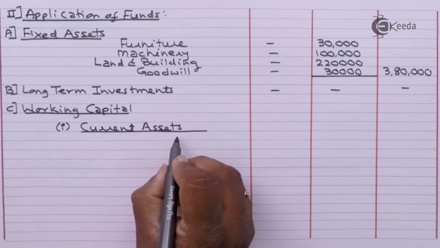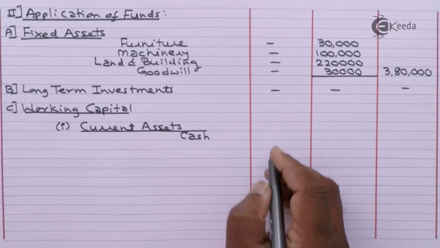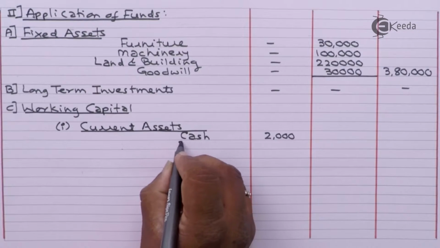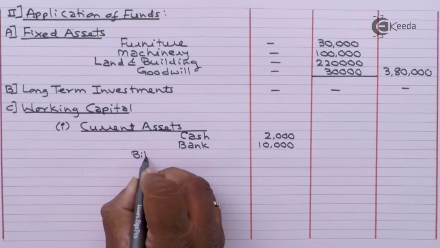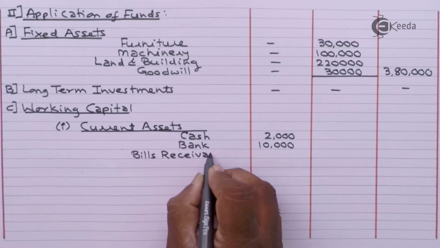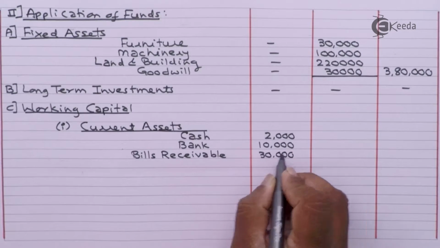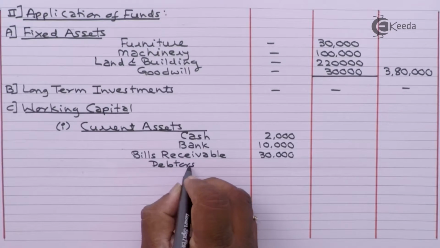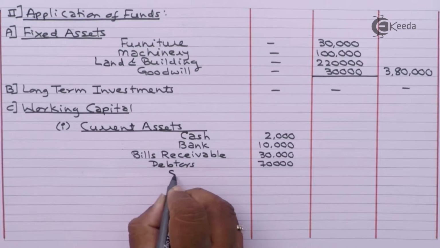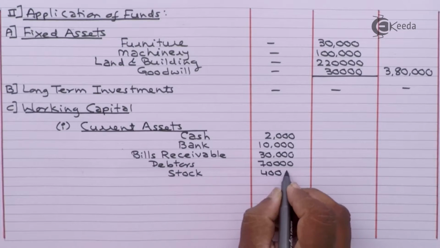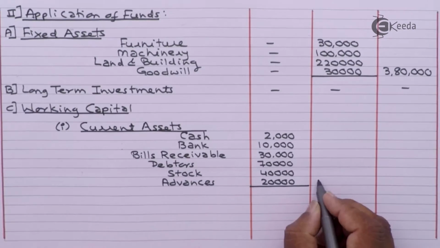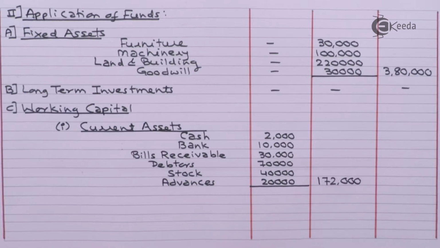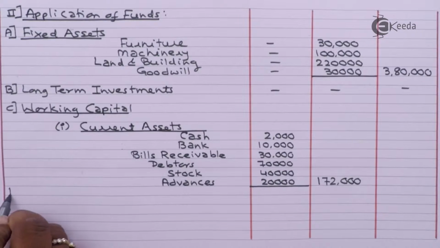Advances, current asset. Total current assets 1,72,000.